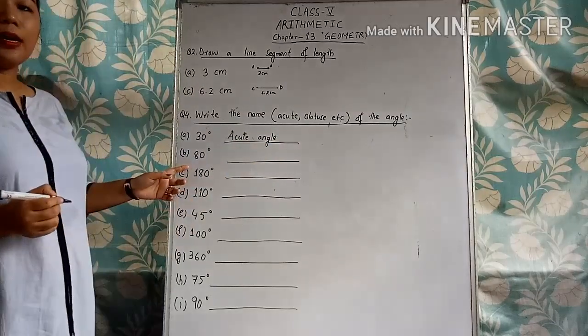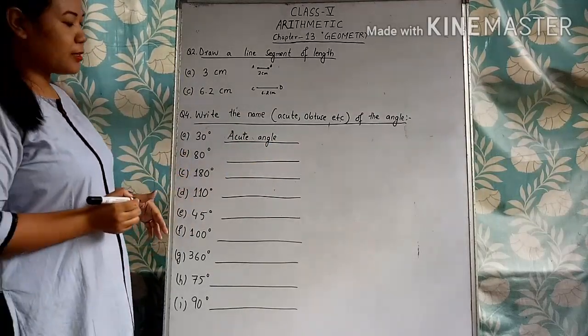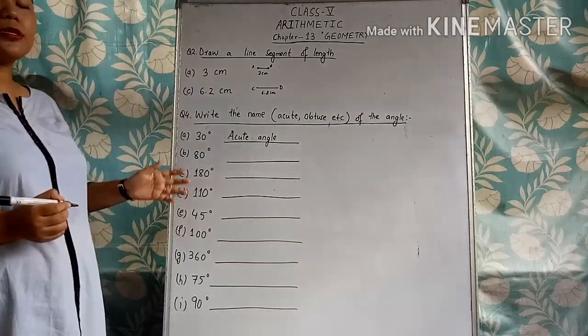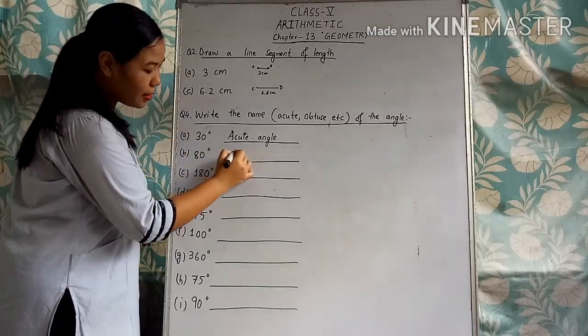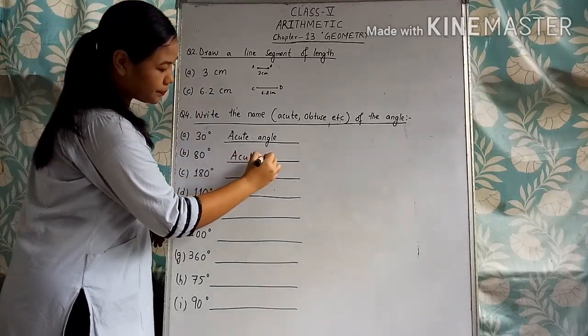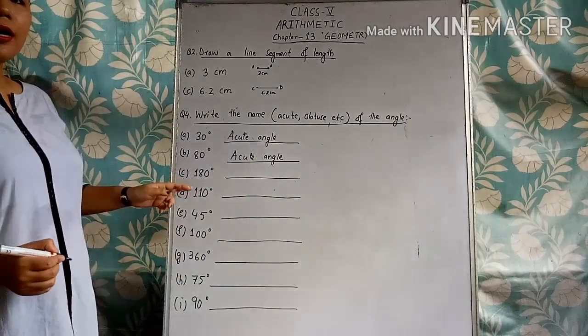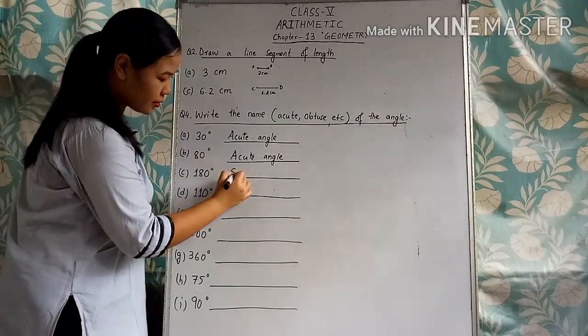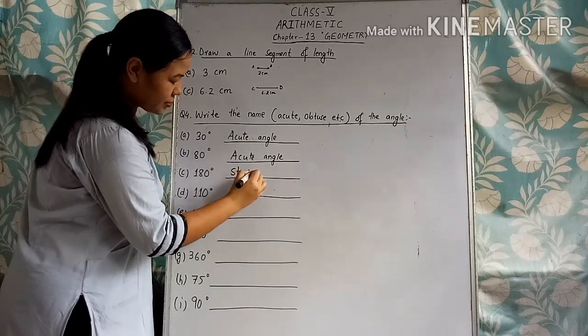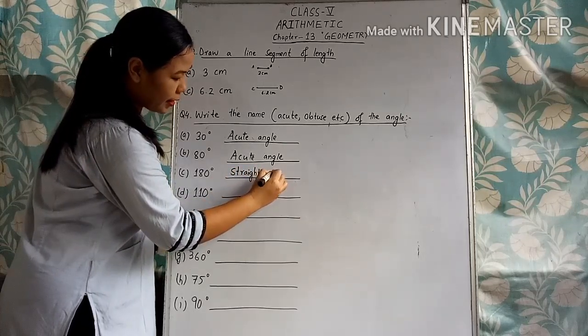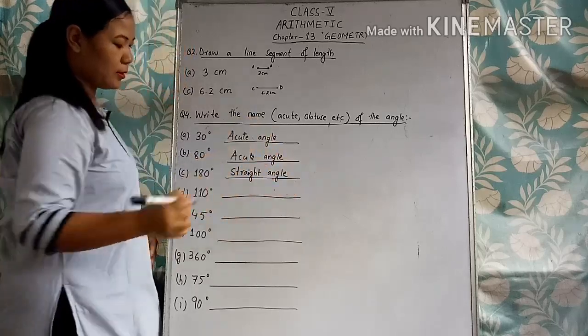Next 80 degree. 80 degree is also lesser than 90 degree. We know that the angles which are lesser than 90 degree are acute angles. Next 180 degree. 180 degree is a straight line, a straight angle.